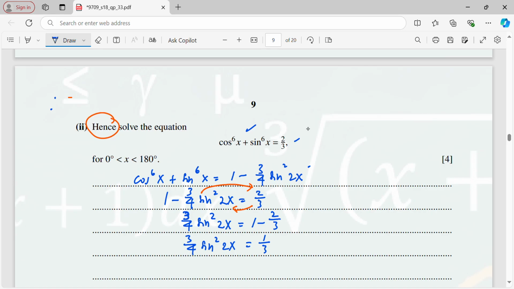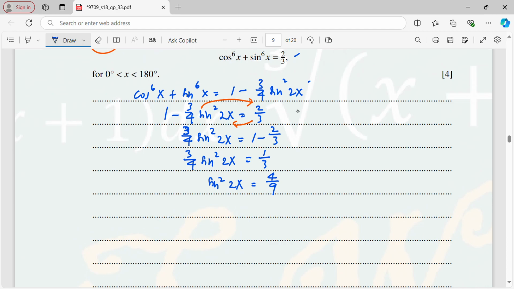Okay, now I need to get the sine as the subject, which means the 3 over 4 moves down. So sine squared 2x, when you move down, the 3 will be moved down and combined with the 1 over 3, that is 4 over 9. That means now here, sine squared 2x is 4 over 9.